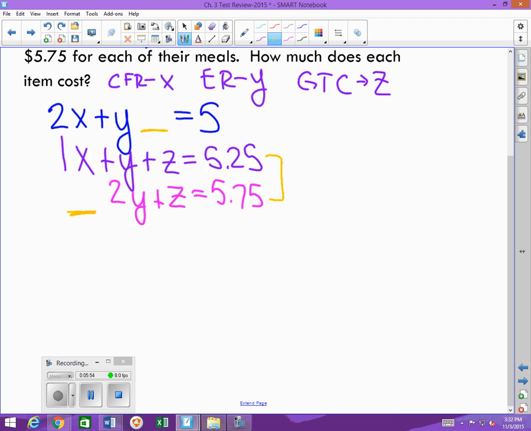And I'm going to take these two and get rid of Z by turning this into a negative 2X and a negative 2Y and a negative 5.75. And if I add those together, I will get X minus Y equals a negative 0.5. And then I have 2x plus y equals 5.